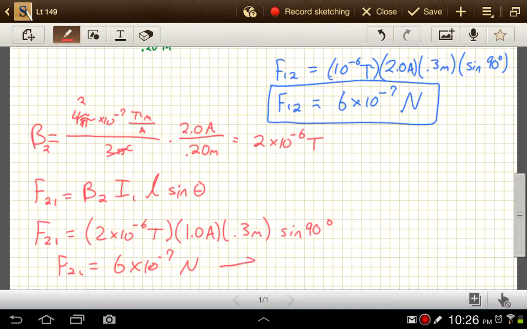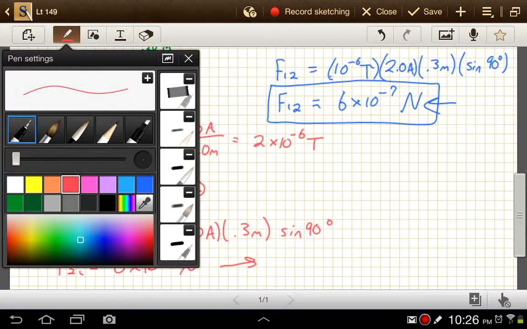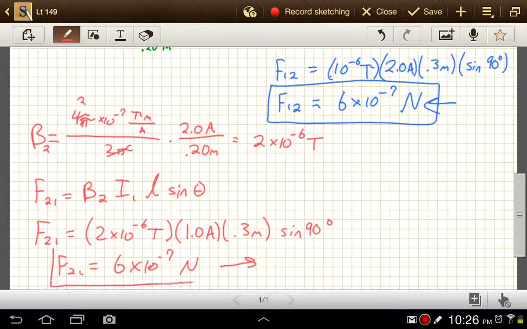And this one is to the right, and this one is to the left. So those forces are equal in size and opposite in direction, just as we would have predicted from Newton's third law, but we can verify that with these calculations.